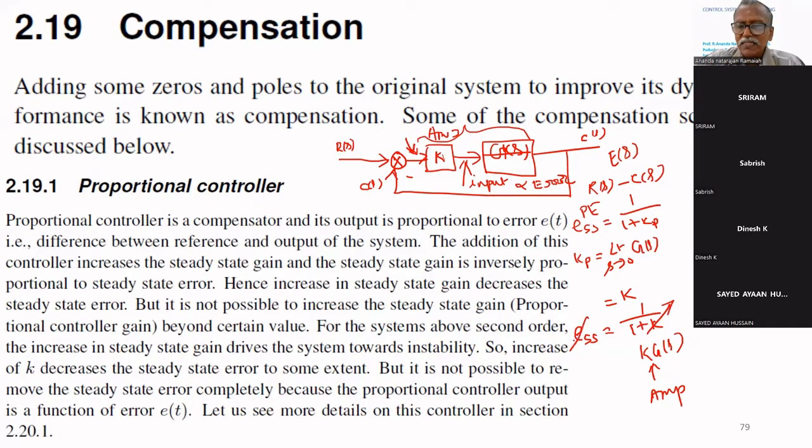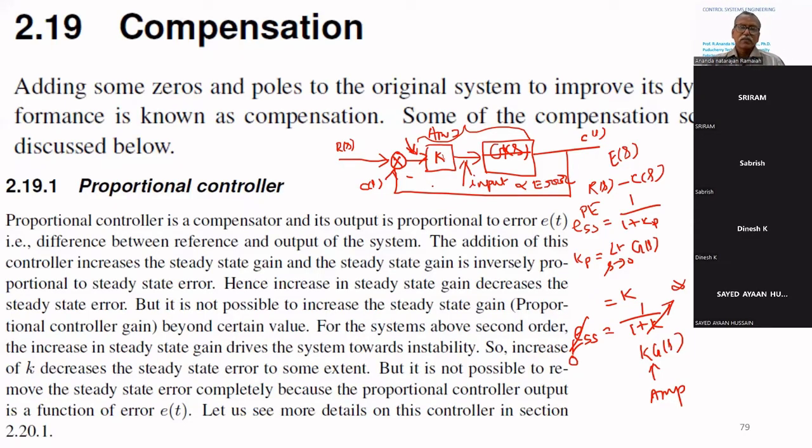As K increases, the steady state error will decrease. That we know. For what value of K will the steady state error become 0? For infinity. That's why we cannot make that gain equal to infinity.